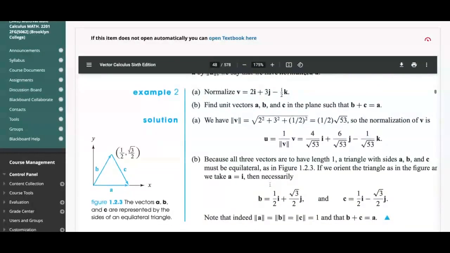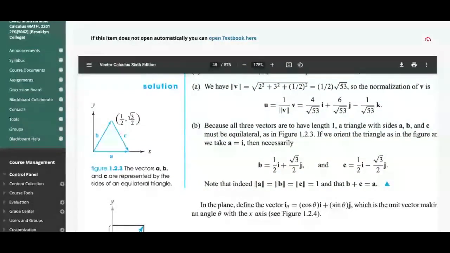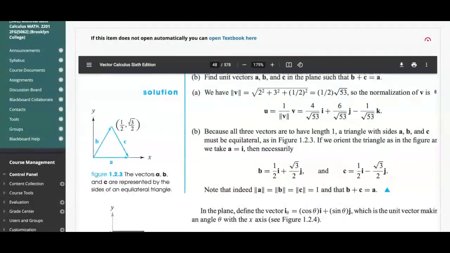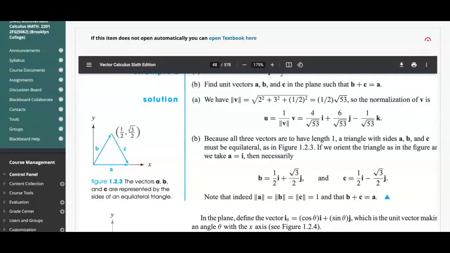All right, unit vector means the length is 1. So what do we do? We just divide every component by its magnitude. Here we see the length of V is half of square root of 53.